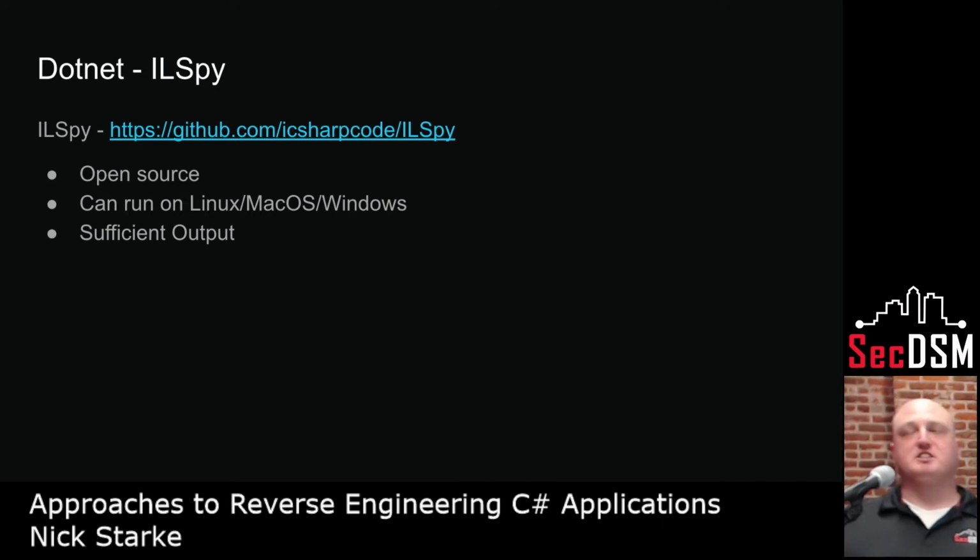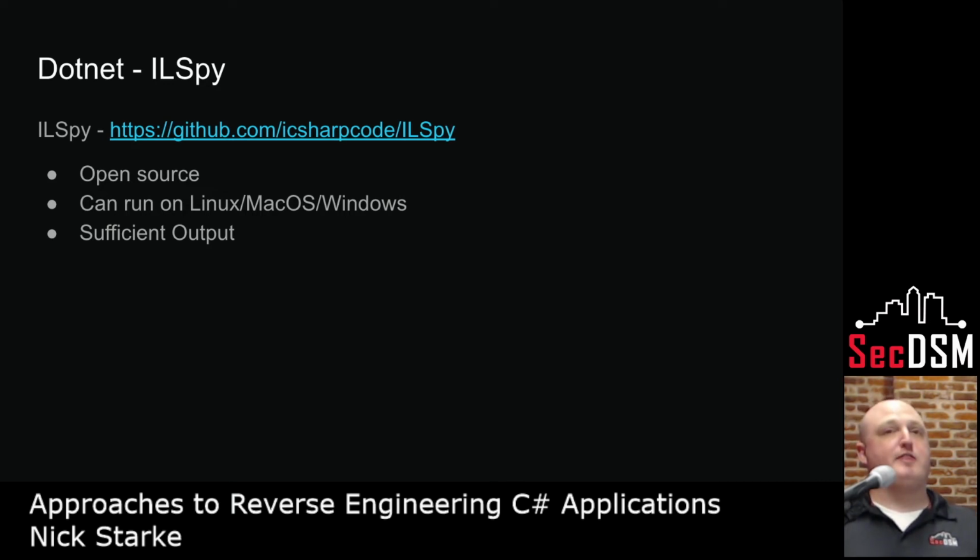But really what we're concerned about is what it outputs, right? We're concerned about the source code level representation that the tool gives us from the production binaries, from the compiled assemblies. And from that perspective, I consider ILSpy output to be sufficient. It's good enough to be able to read and understand what's going on.